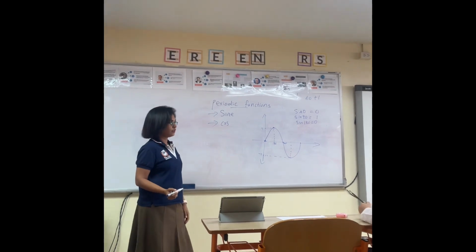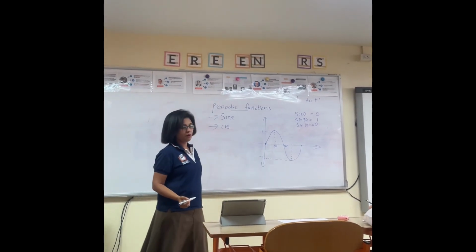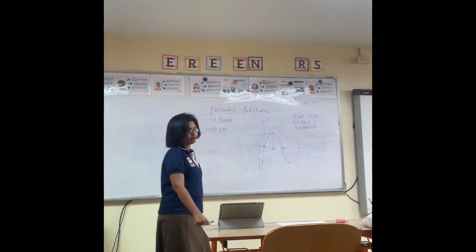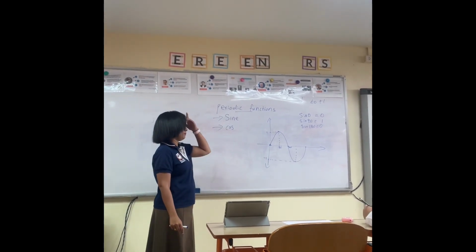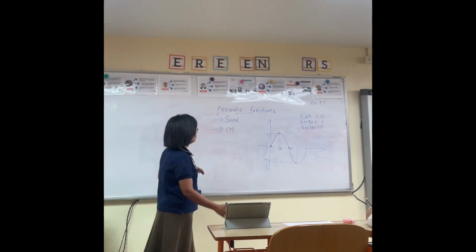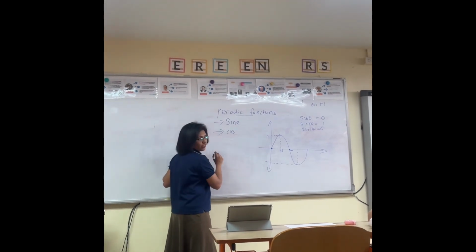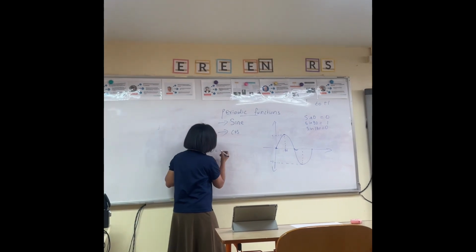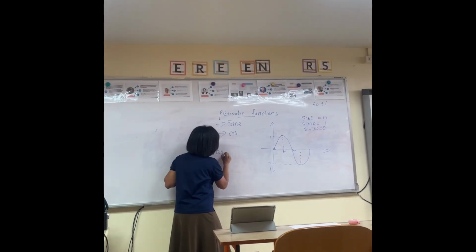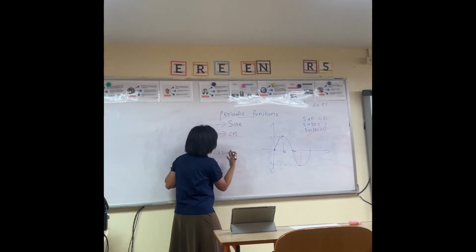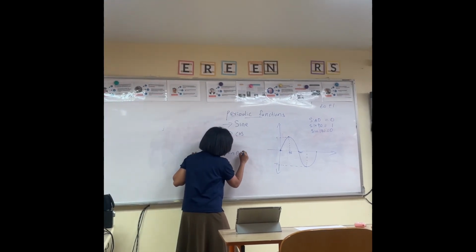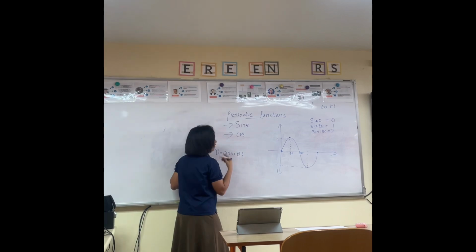Can you write? Please, everyone write. So the function we will represent by using d, a general name. Generally, we will read it as a sine theta t. I will explain that.